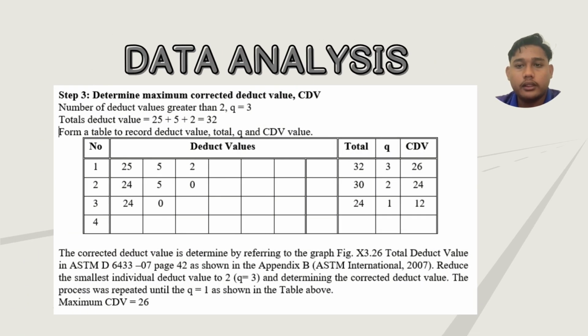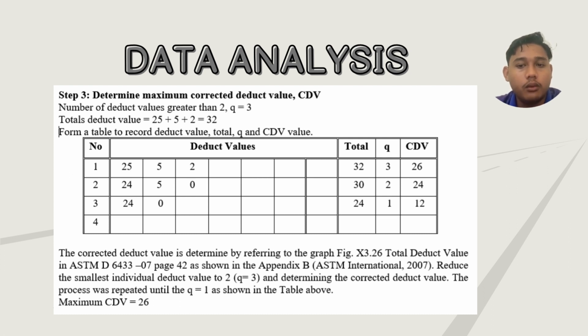Step 3 is to determine the maximum correction deduct value. The number of deduct values greater than 2 is Q equal to 3, so the total deduct value is 32. The correction deduct value is determined by referring to the graph of total deduct value in ASTM D6433-07 page 42, reducing the smaller individual deduct value to 2, Q equal to 3, and determining the correction deduct value.